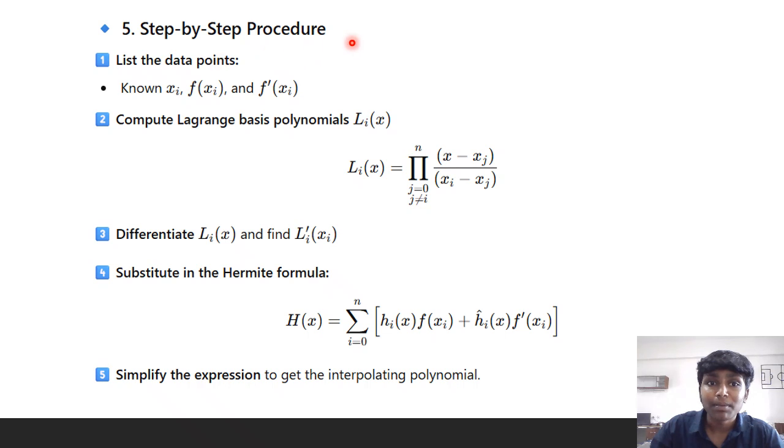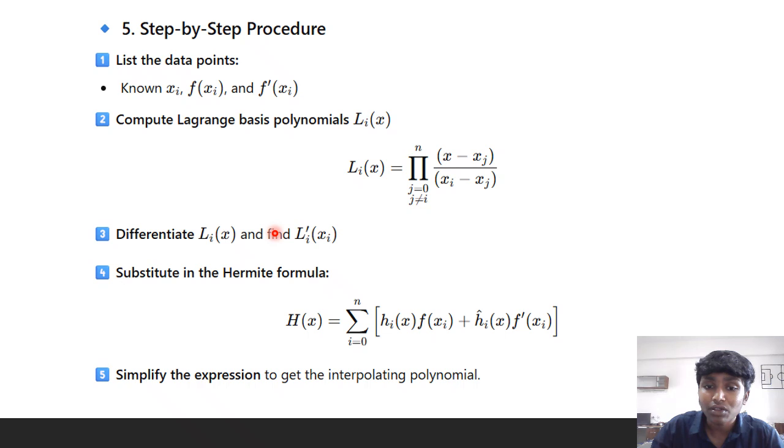Okay, let's see the step by step procedure for how we can get the Hermite interpolating polynomial. We are given xi, f of xi and f dash of xi. From that, the first step is to calculate the Lagrange basis polynomial li of x, which uses the formula I mentioned earlier. Then we differentiate the Lagrange basis polynomial so that we get l dash of x, which is the derivative of the given Lagrange basis polynomial.